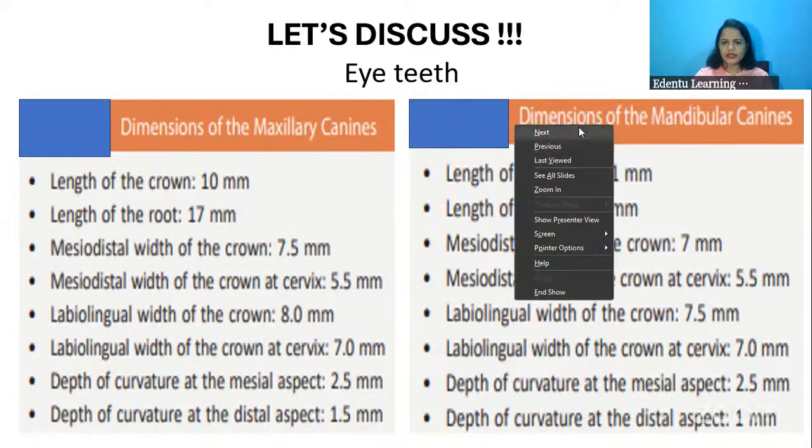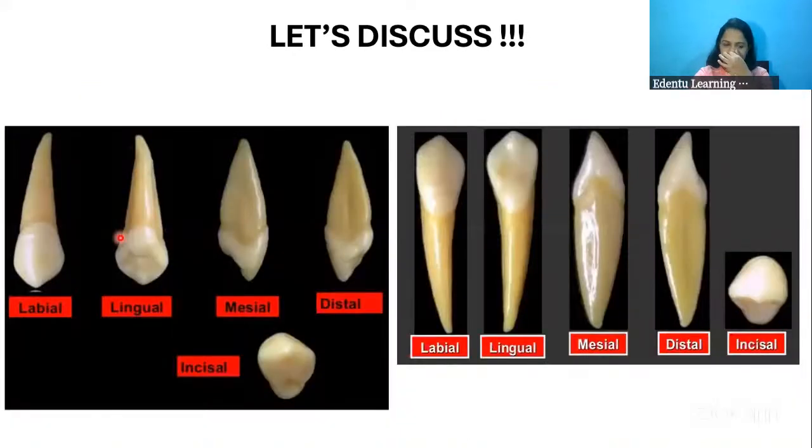If you look at the images of the maxillary and mandibular canines, you can really appreciate the differences. The maxillary canines have a really prominent labial ridge, whereas in the mandibular it's not that prominent. All the features are less.